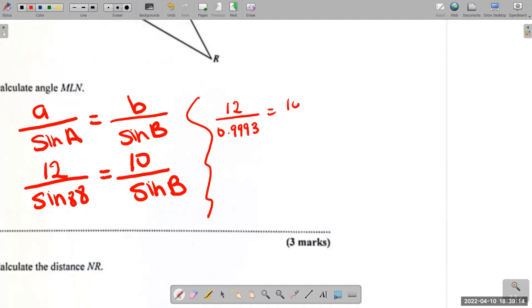That's equal to 10 over sine B. What is the next step from here? We divide so we can get one value. 12 divided by 0.9993. Very good. So we end up with 12.0084 equal to 10 over sine B.